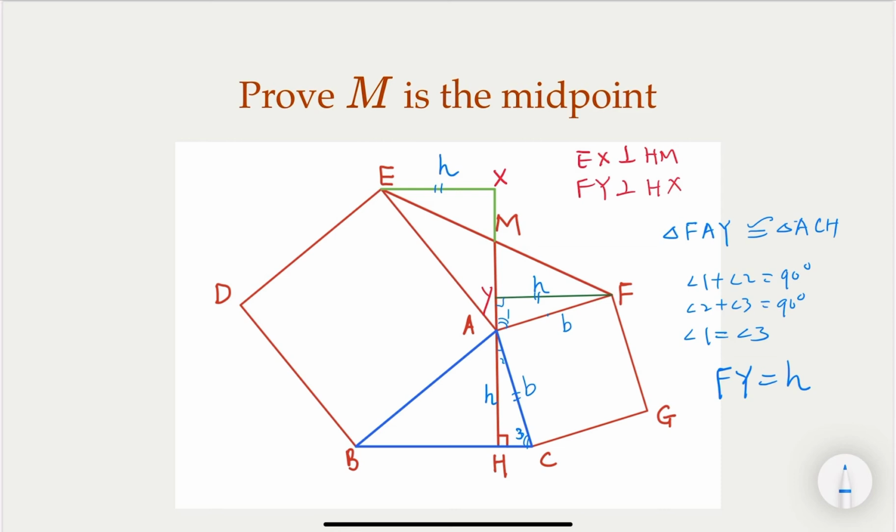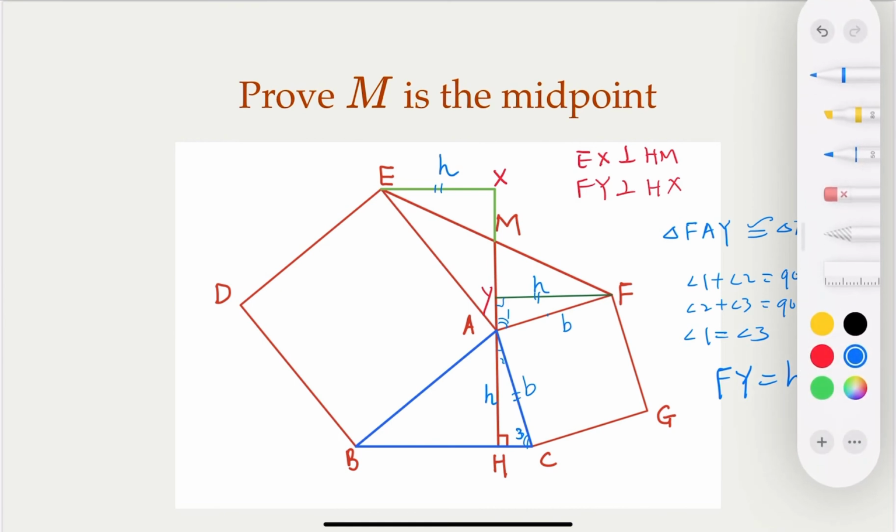I claim that I have two congruent triangles here. I mark them as green. Okay, so one is this triangle here, somehow it doesn't work. Let's maybe mark it like that.